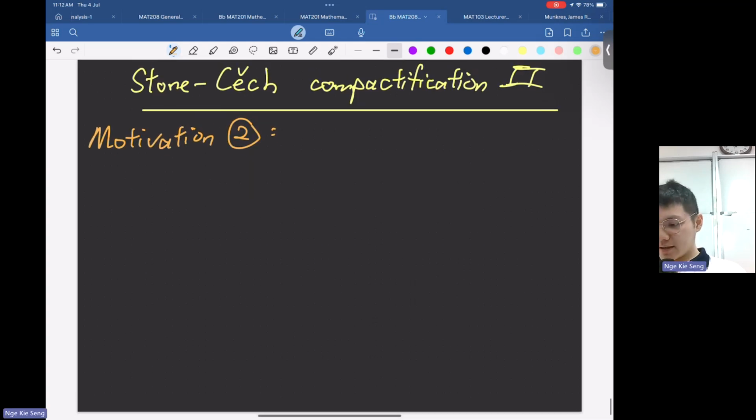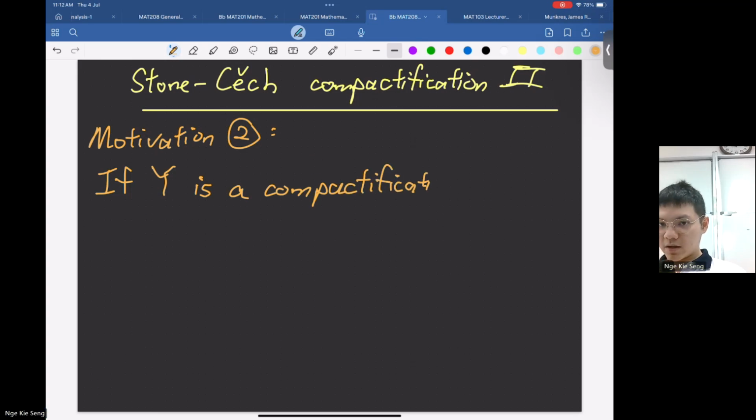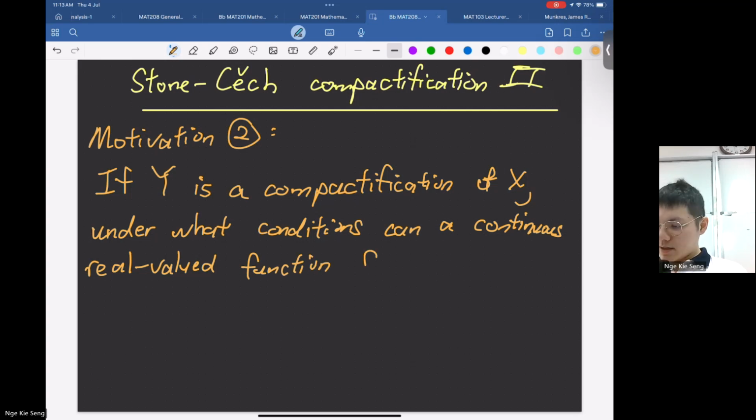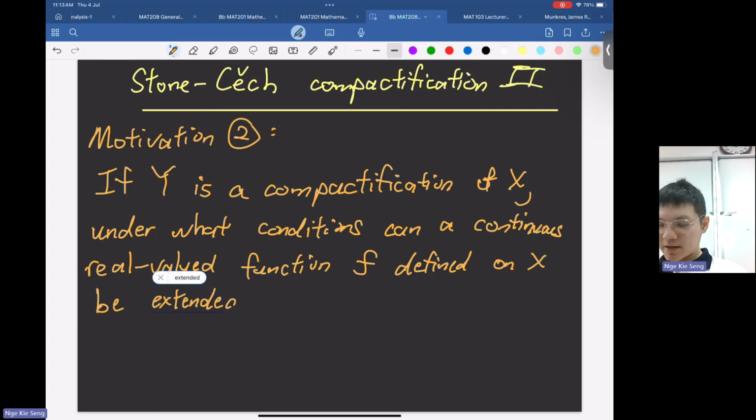If Y is a compactification of X, you want to ask the question: under what condition can a continuous real valued function, we just consider maps to the real numbers, defined on X be extended continuously to Y?